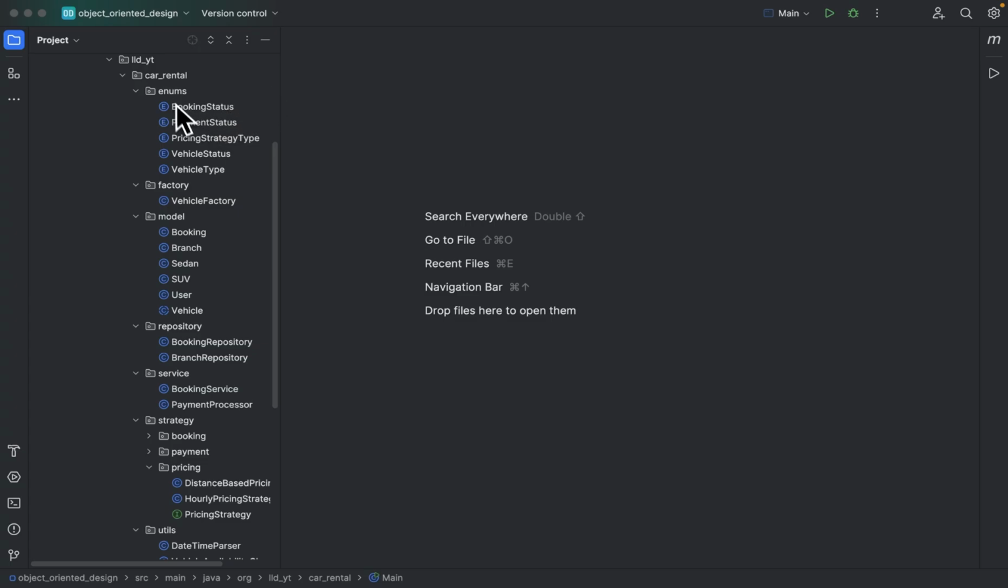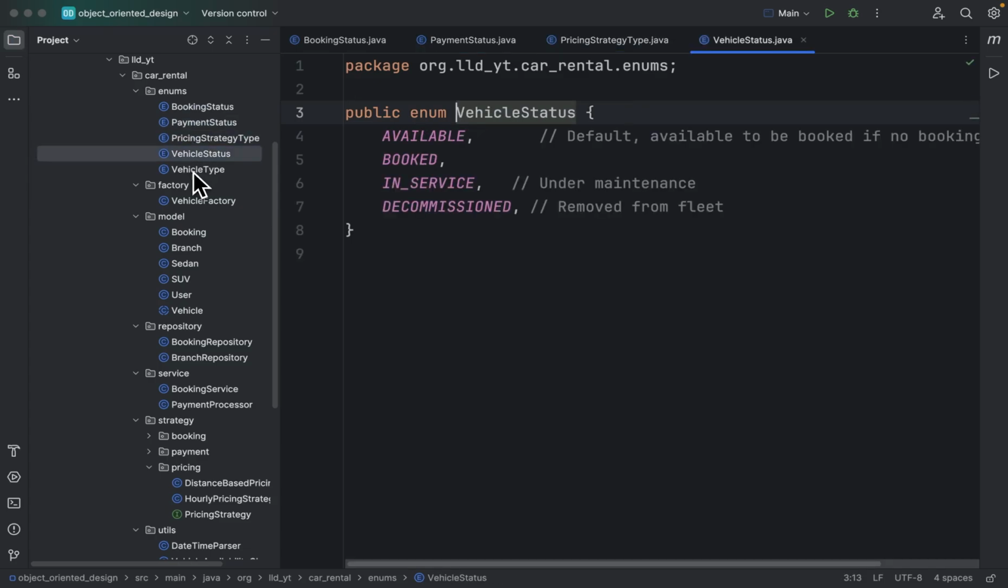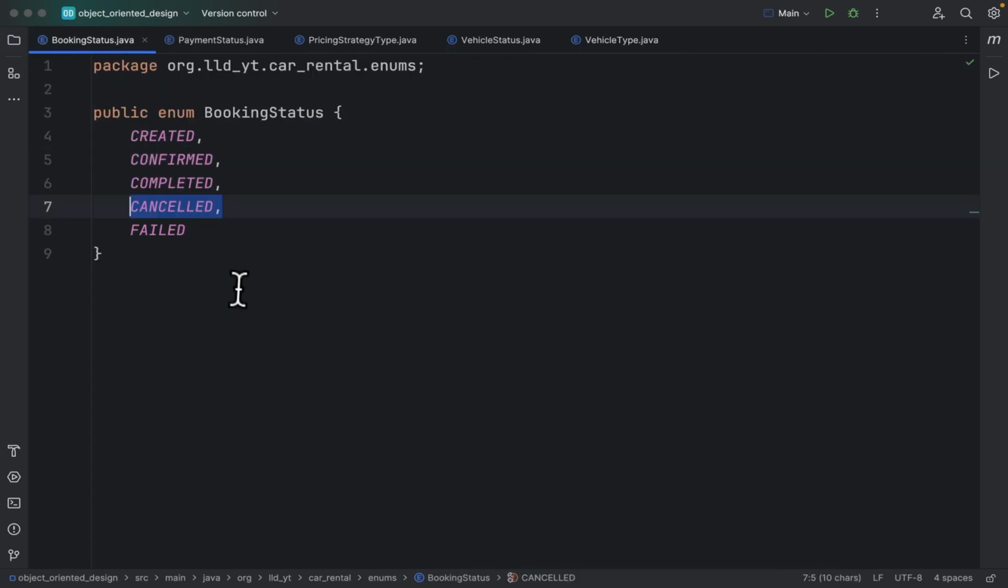So let's start with the enums first. I've segregated all the classes and created the respective folders and put those classes into those folders. So first we'll see the enums. We have a booking status enum. First the booking would be created, when I try to book a vehicle. And when I pay the bill successfully, the booking would be confirmed.